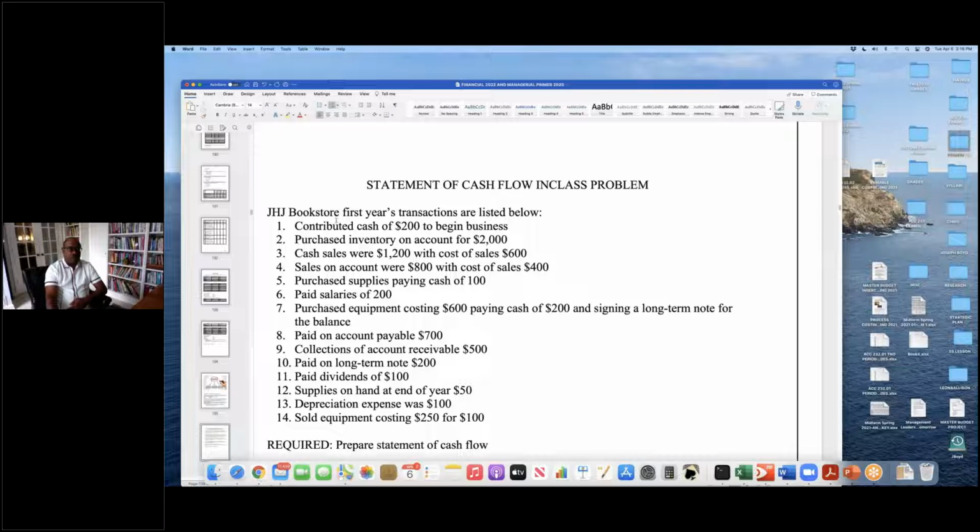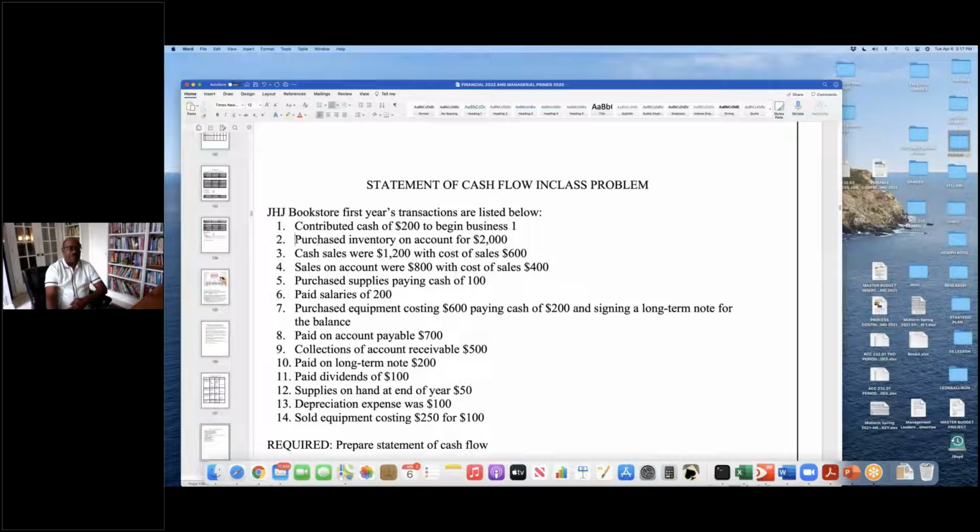So the first one, we know they contributed cash. So that's probably what type? 1. So we'll leave it. Next, inventory on account. What type is that? 12.